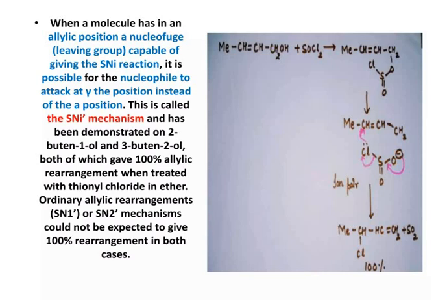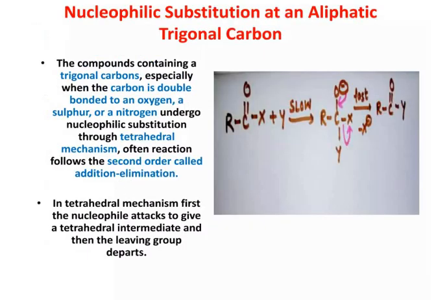This is called the SNi prime mechanism and has been demonstrated on 2-butene-1-ol and 3-butene-2-ol, both of which gave 100% allylic rearrangement when treated with thionyl chloride in ether. Ordinary allylic rearrangement, SN1 prime and SN2 prime mechanisms could not be expected to give 100% rearrangement in both the cases.